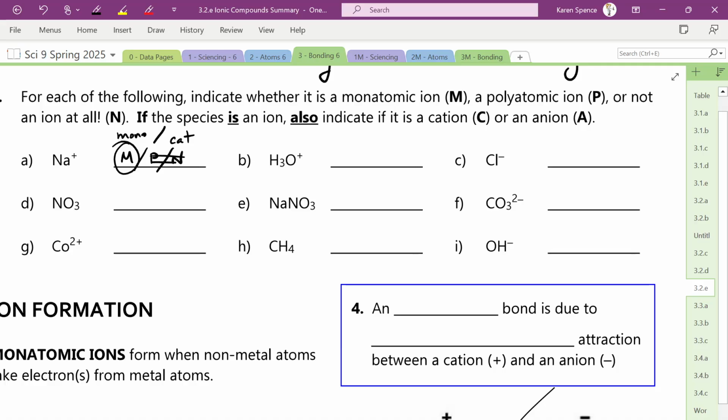One, so it's mono. Two capital letters, so it's poly.